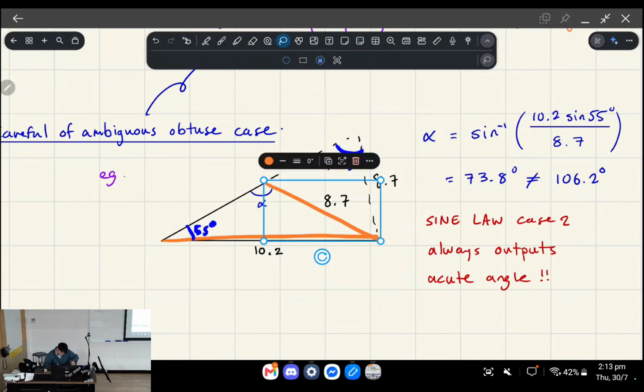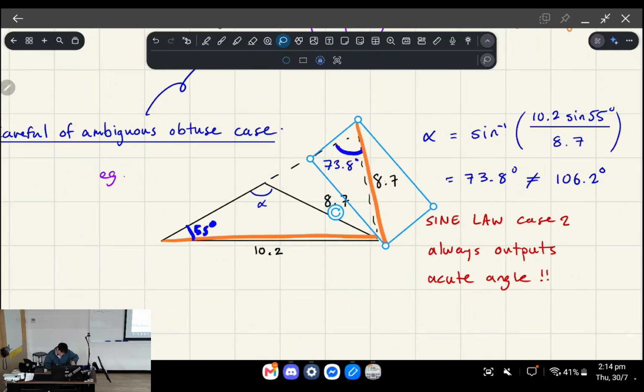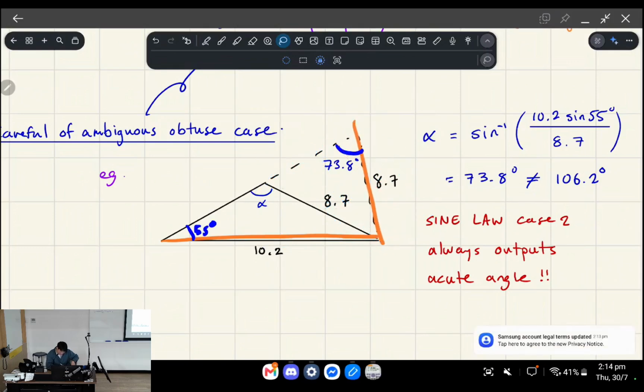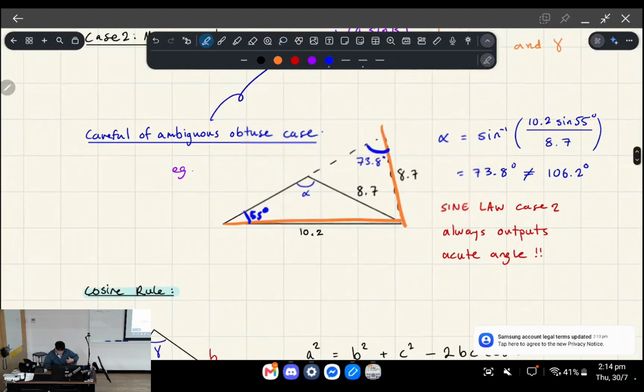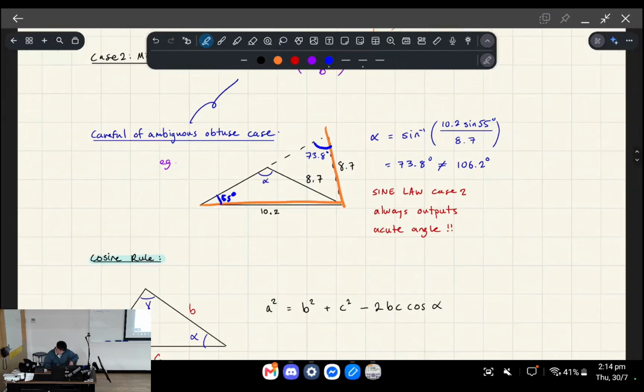The reason is because it treats it as if this side length was this side length over here, and it always gives you the angle that's less than 90 degrees. So just be careful, and use your intuition when you're solving these angles.